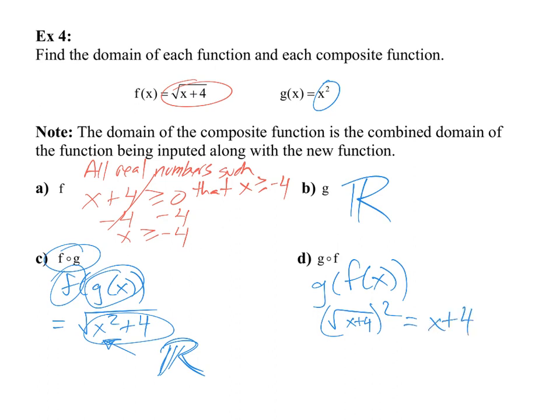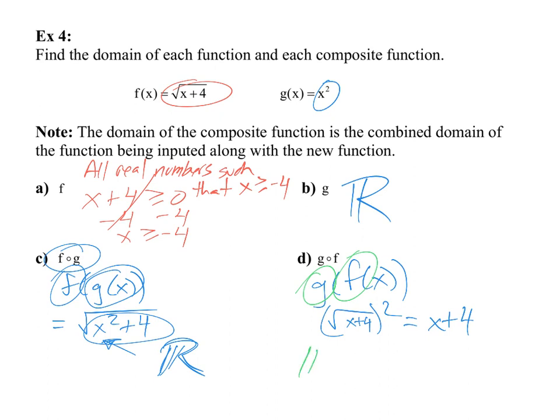But here's the tricky part. This domain is limited. Originally, this domain was all real numbers, but then f was inputted, and it has a domain restriction. The domain cannot be any values less than negative 4.